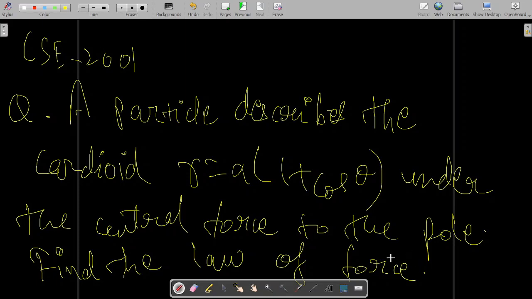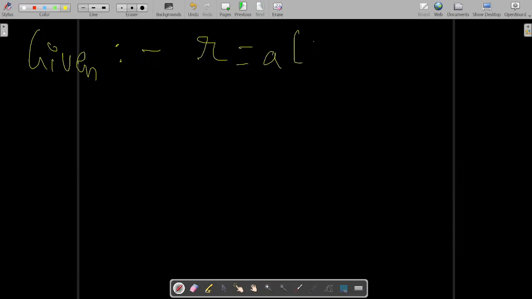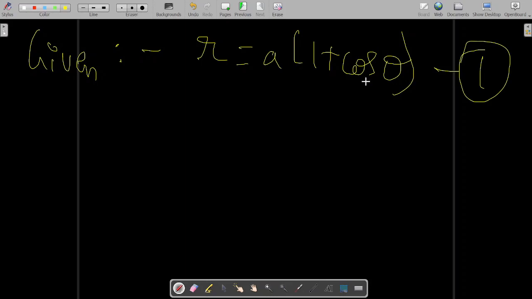So let's start this. Given is what? Given is r equal to a into 1 plus cos theta. This is suppose your equation number 1.